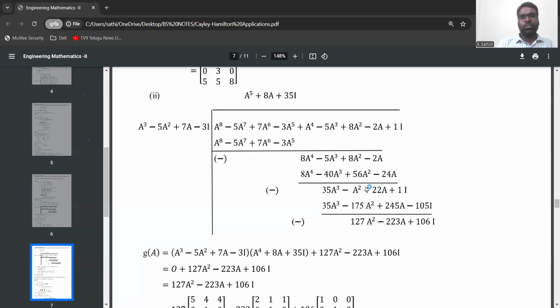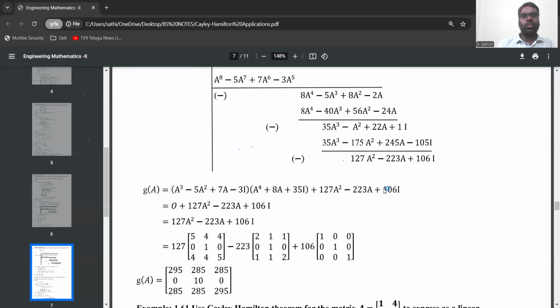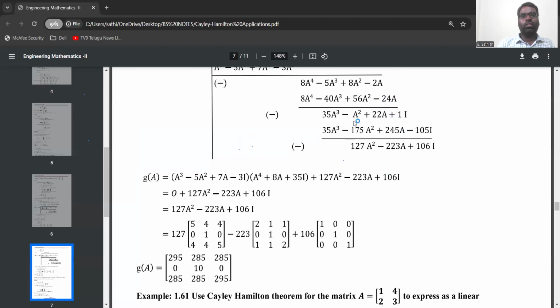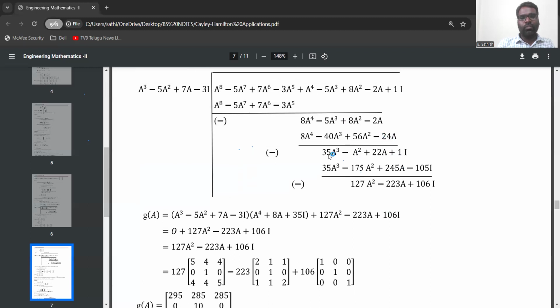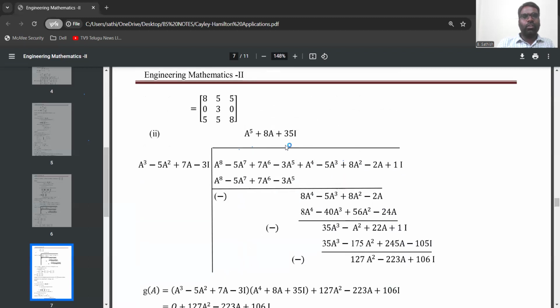Next, plus 24 minus 20 minus 2 gives plus 22, and again writing 1 into I here, we get 35a cube.